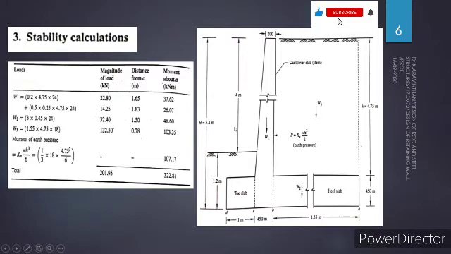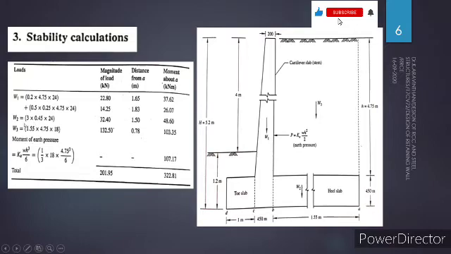Next, the triangular part, you have a base of 0.25. How to find the area of a triangle? Area is half BH. Half is 0.5, B here is 0.25 and the height here is 4.75. If you multiply this area into 24, which is the density of the concrete, you will be getting 14.25.